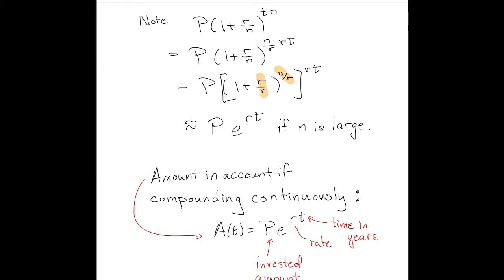So for instance, you can try to evaluate this when this is 1,000 and this is 1 over 1,000. And see what you get. You're going to get something very close to this number. So for large n, so if you're compounding very frequently, you can use this simplified formula.